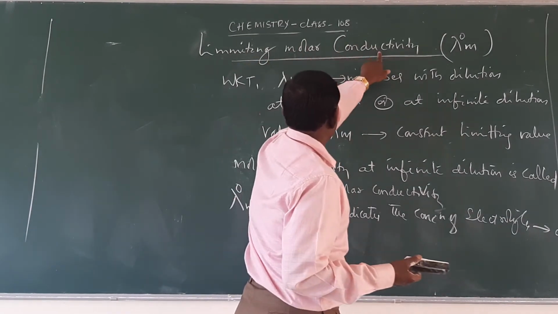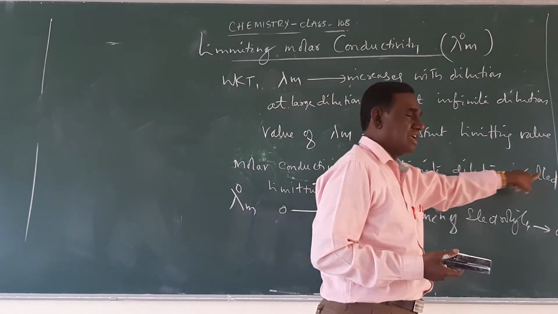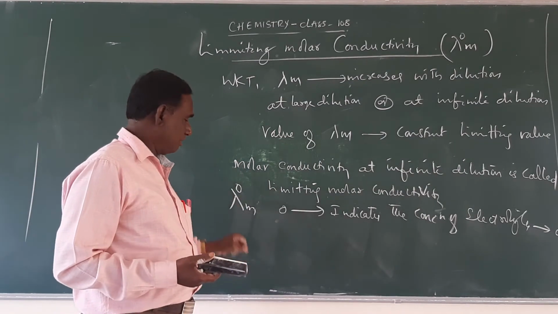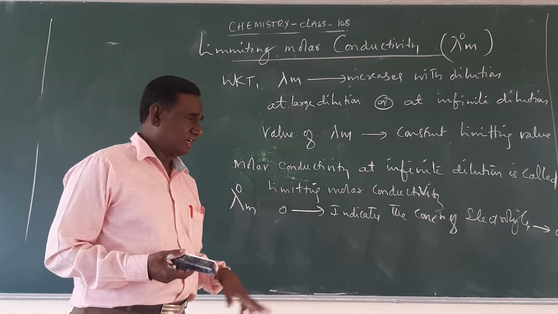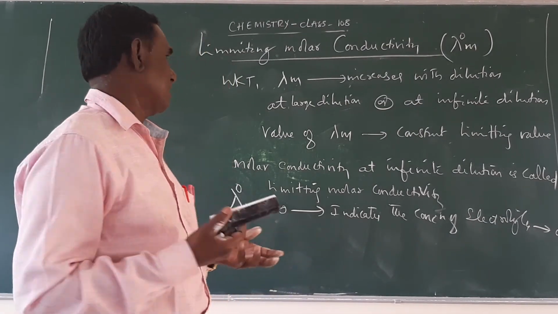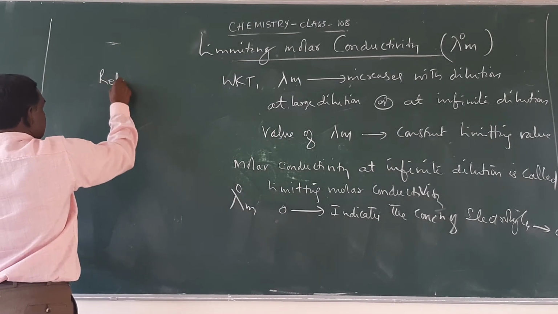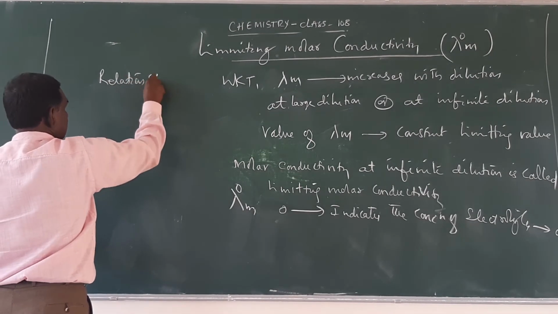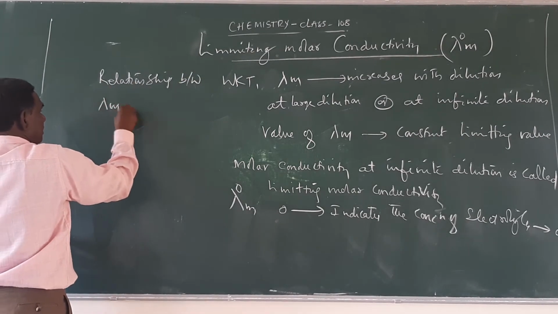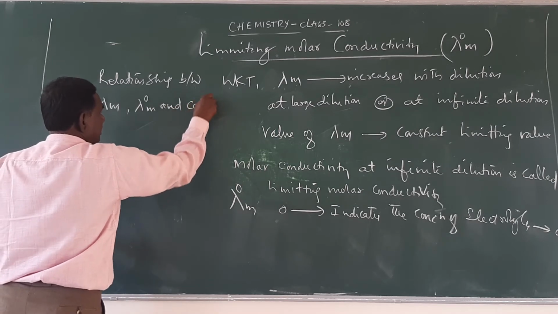It is molar conductivity at infinite dilution, indicated by lambda naught m, where 0 indicates the concentration of the electrolyte is taken to be 0. Okay, and then there is a relationship between lambda m, lambda naught m and concentration C.